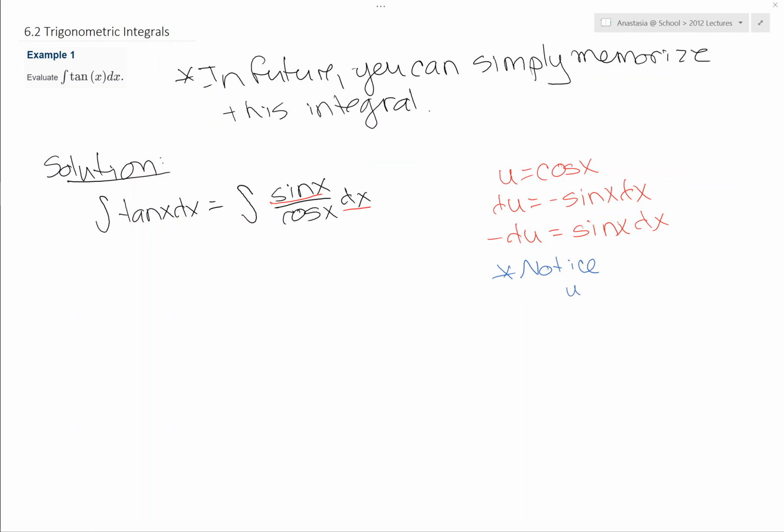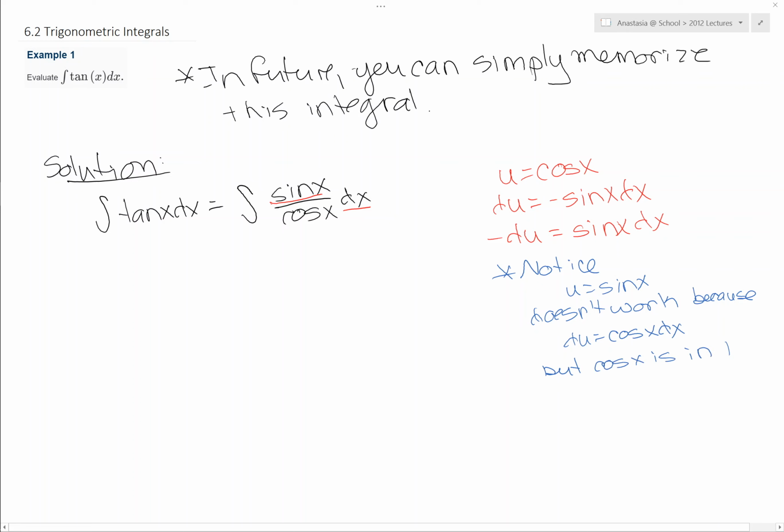So notice that u equaling sine x doesn't work because du is equal to cosine of x dx, but cosine of x is in the denominator. Alright, so that doesn't work out there, but the u that we chose, u being cosine of x, does work out.